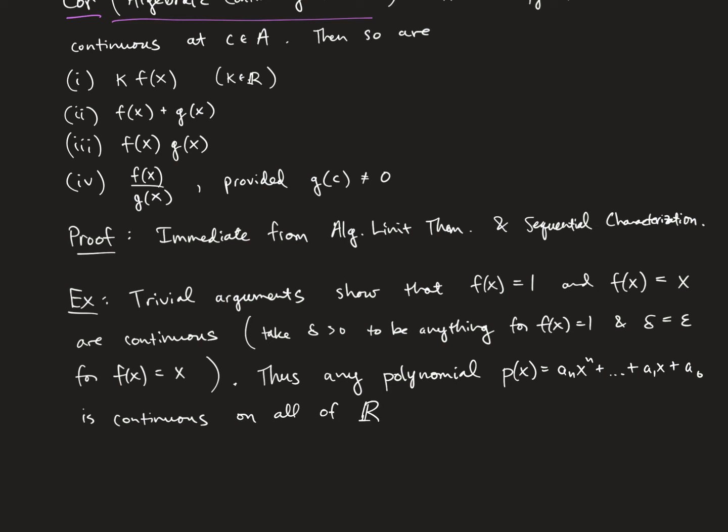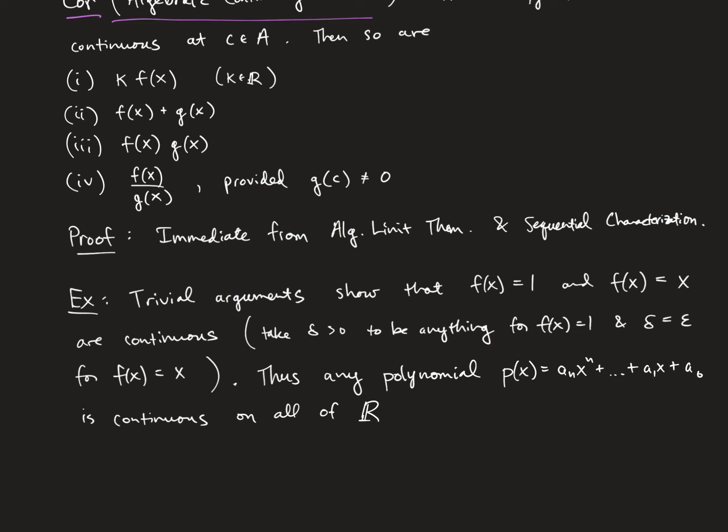Since 1 is continuous, any constant function is continuous. Take 1 and multiply it by any constant, that's going to be continuous. Any constant times x is going to be continuous. Then the sum of any constant times x and any constant is going to be continuous. And then any such thing multiplied by x, so any constant multiple of x squared is going to be continuous, and any constant multiple of x cubed is going to be continuous, because you can multiply continuous things together and then add all of those. So you can build up your polynomials inductively by starting with these two basic ones.